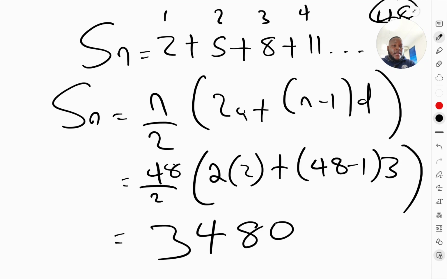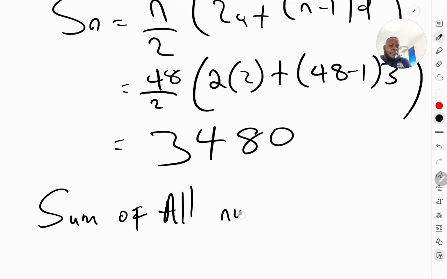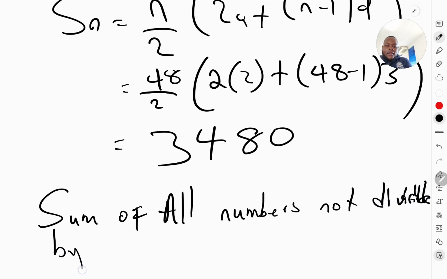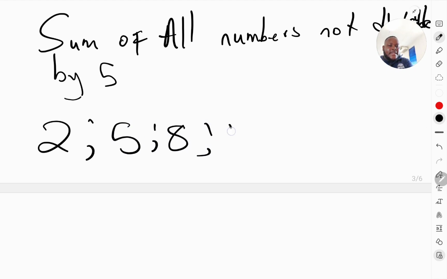Right. So now, if I have another question which says, what is the sum of all numbers that are not divisible by 5 in my arithmetic sequence? My arithmetic sequence is 2, 5, 8, 11 up until 143.